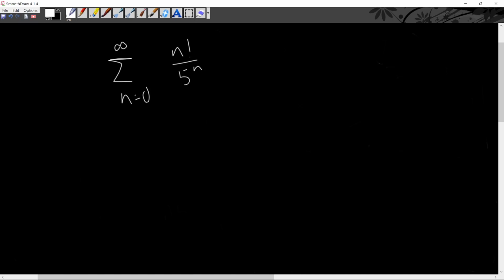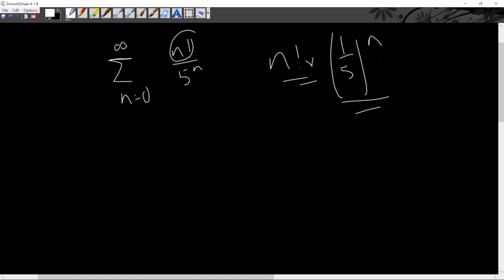This is not a nice and simple geometric series. You can't just factor out this n factorial and say, oh, well, it's n factorial times 1 over 5 to the n, and this converges, so I'm just going to ignore this n factorial and say that since this converges, then the whole thing converges.